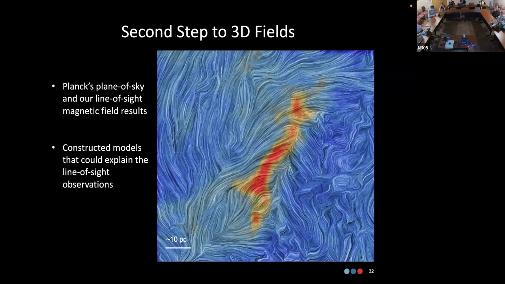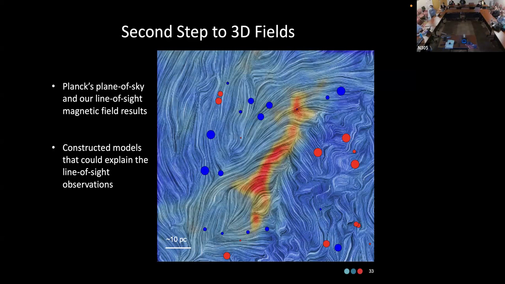To get the 3D magnetic fields, I use Planck plane of sky magnetic fields shown by the drapery lines here, and constructed models that could explain this reversal, notably the arc-shaped magnetic field morphology that we will get into, or helical or toroidal magnetic field morphologies. And we used our plane of sky magnetic fields, Planck plane of sky magnetic field maps, and our line of sight magnetic field observations.